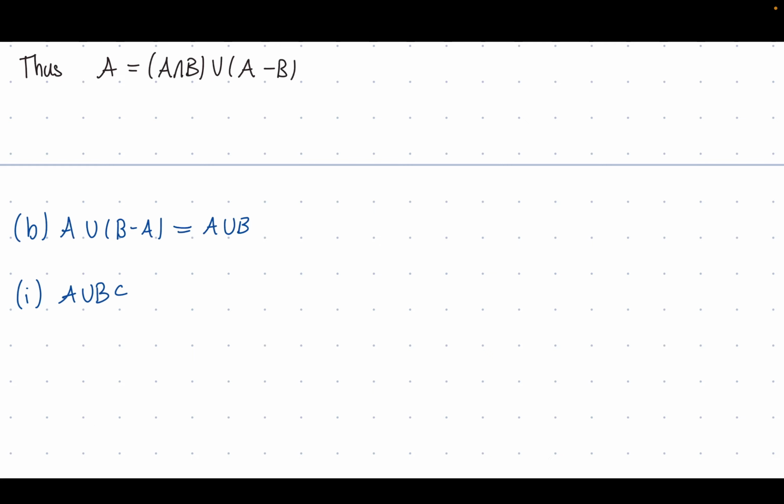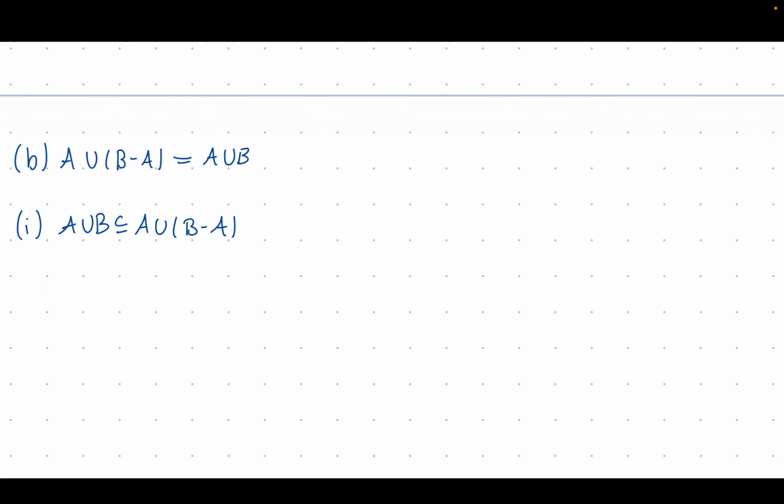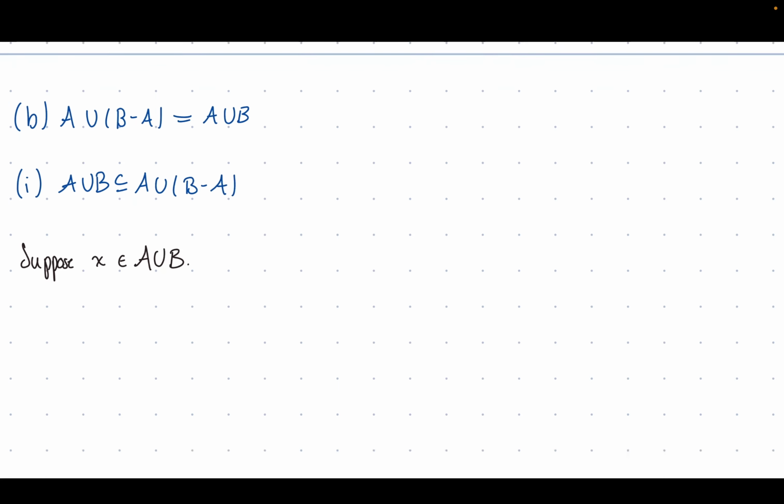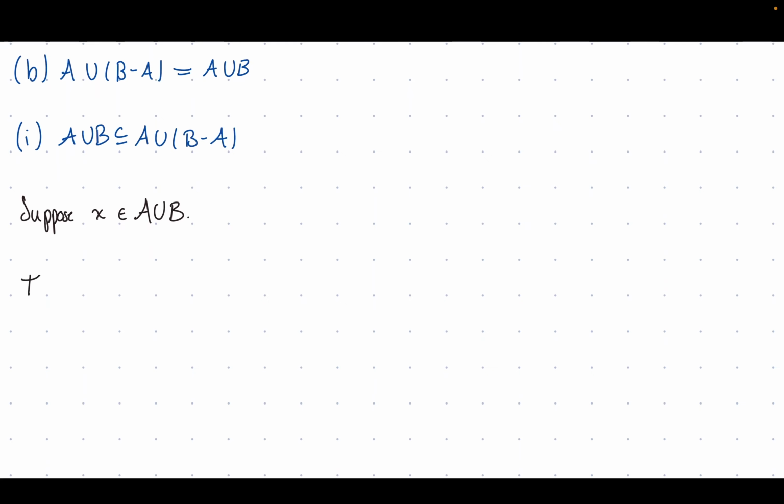A union B is a subset of A union B minus A. All right, so let's suppose X is in A union B, right? Then either X is in A or X is in B or both.